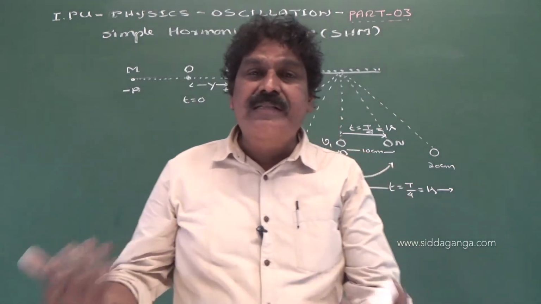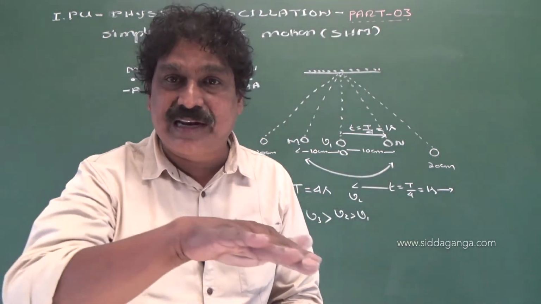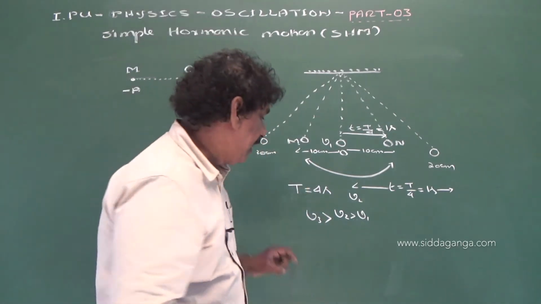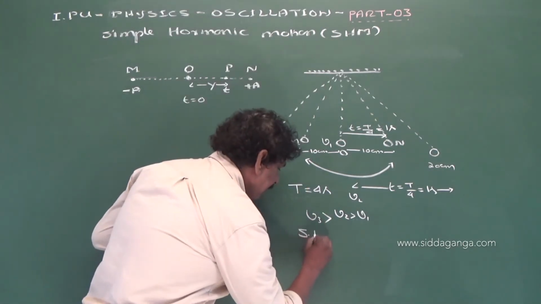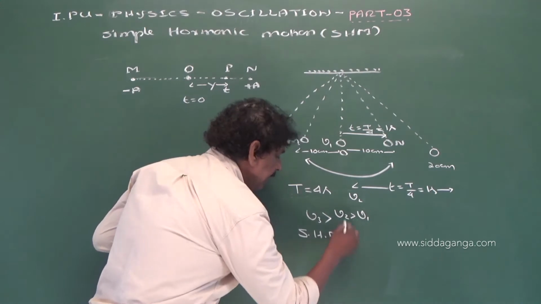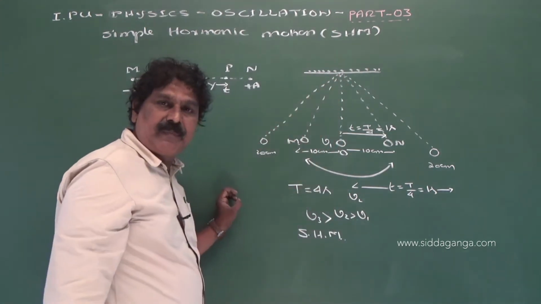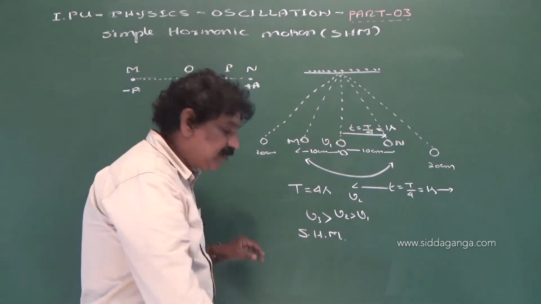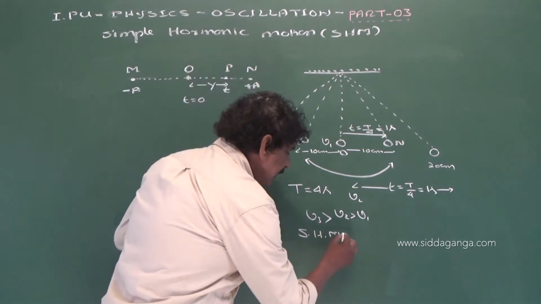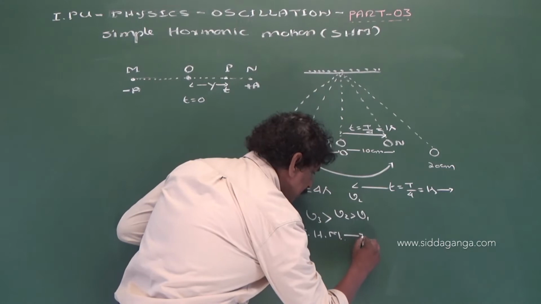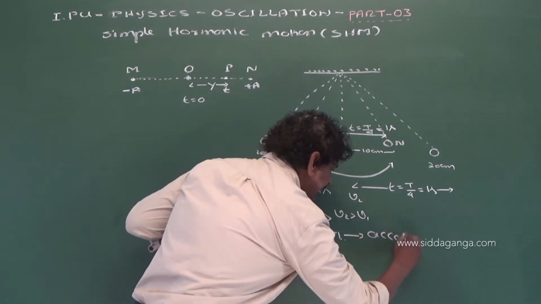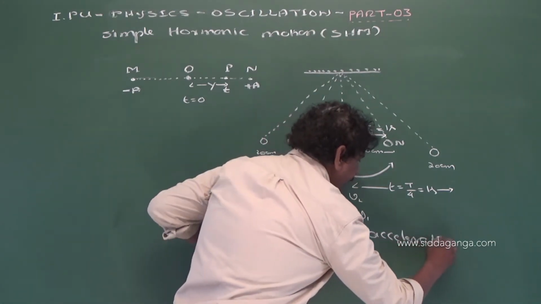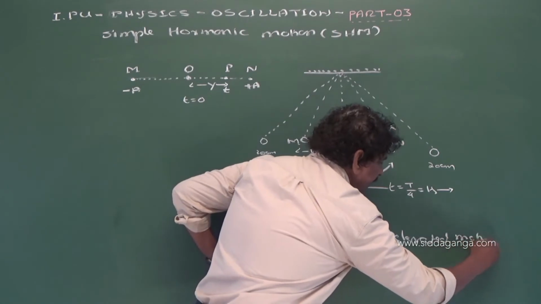Now how do we increase the velocity? By accelerating. Therefore, this is simple harmonic motion. This pendulum is called a simple pendulum because it executes simple harmonic motion. So simple harmonic motion is an accelerated motion.